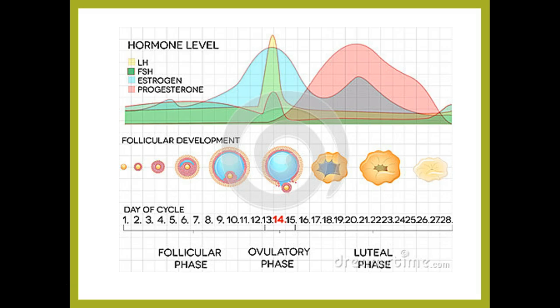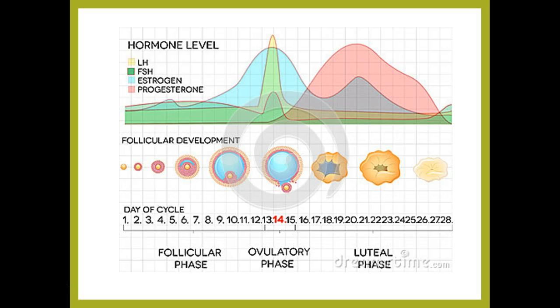So the first thing that happens in the female reproductive cycle is that we have to have a release of follicle stimulating hormone, or FSH. And if you look at your chart, the green area is FSH. And you can see that it's high and pretty steady as the follicles start to develop in this photo.